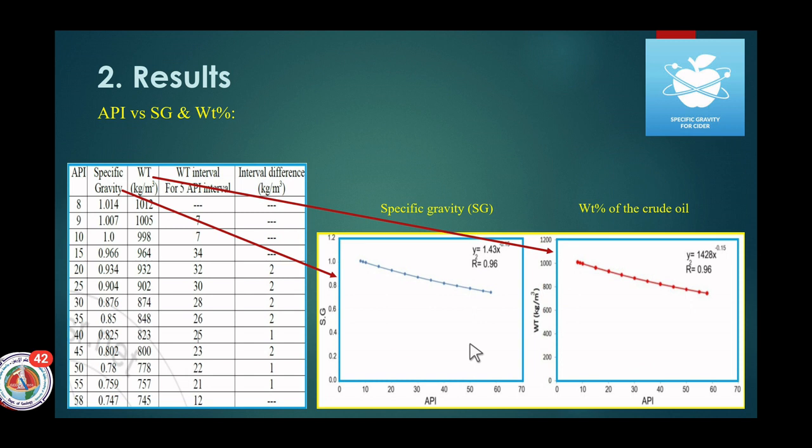Now I got a result. You can see here three figures. This is a table of results, and the results are presented here by two figures.